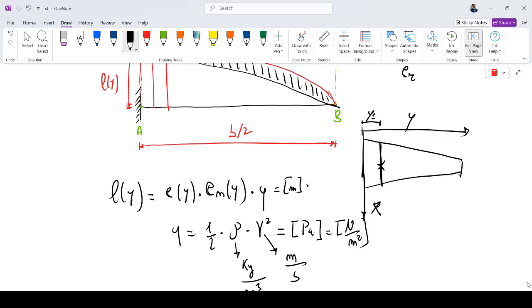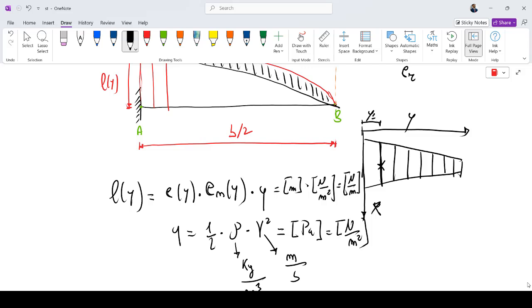Times Cn, which is non-dimensional. Q is equal to Newton over square meter times meter, which is equal to Newton over meter. That is a load, a span load, local span load. We can do this calculation for every chord of our semi-wing, half wing.